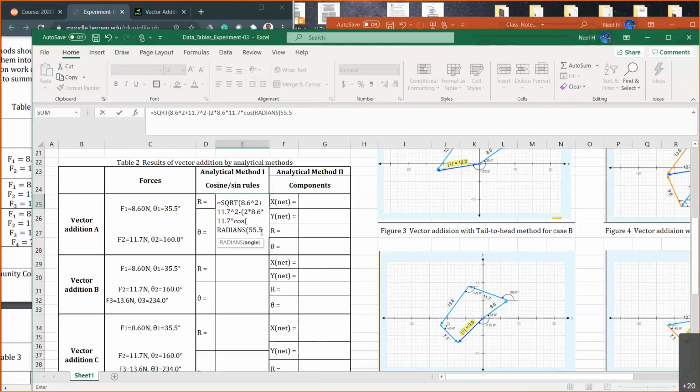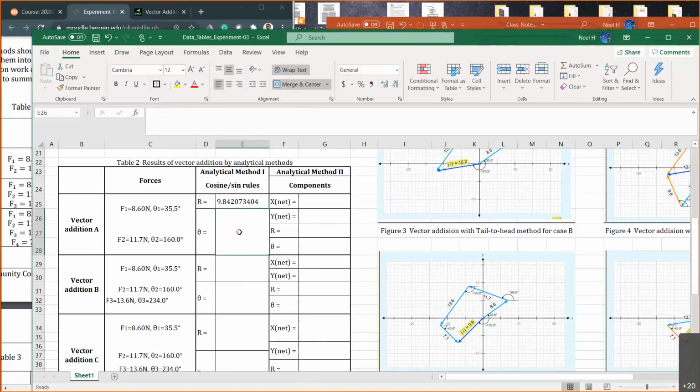You can manually convert that, and that's one way to do it, but since I'm using Excel, I would like to do it as a single function. Then close the bracket for cosine, close the outer brackets after the negative sign, and then a last outer bracket for the square root.